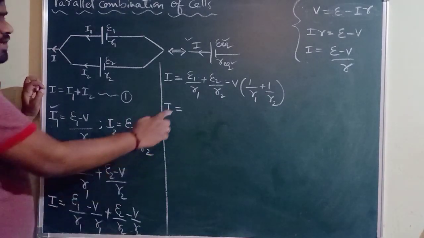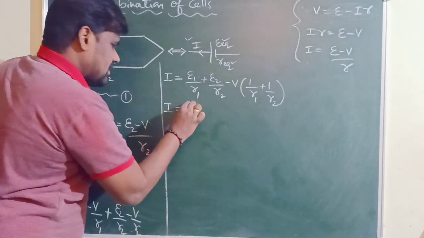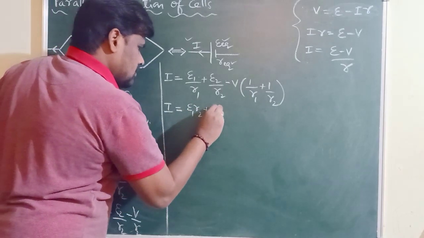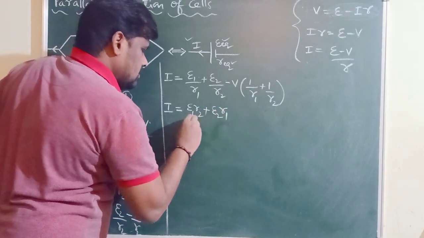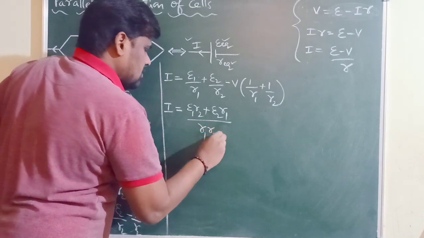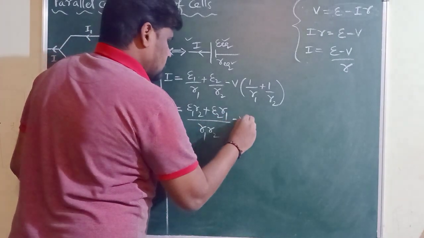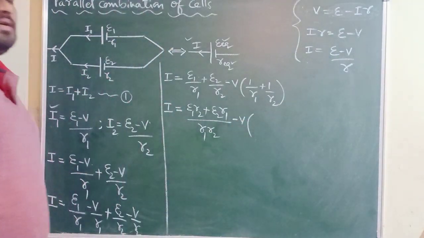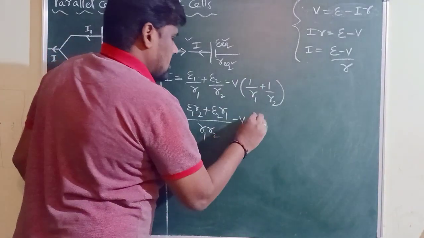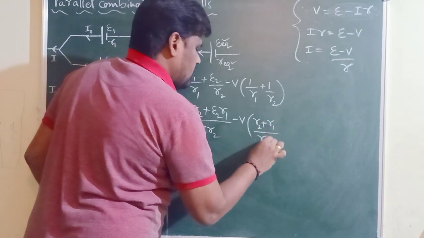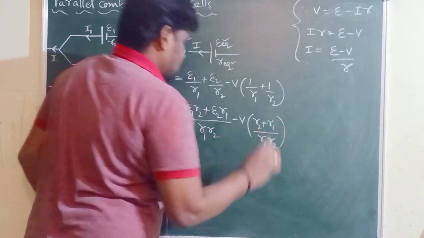What is the LCM? R1 into R2. I can write this as E1 R2 plus E2 R1 divided by R1 R2. Minus V. Here also you can take LCM and simplify. What can I write? R2 plus R1 divided by R1 into R2.